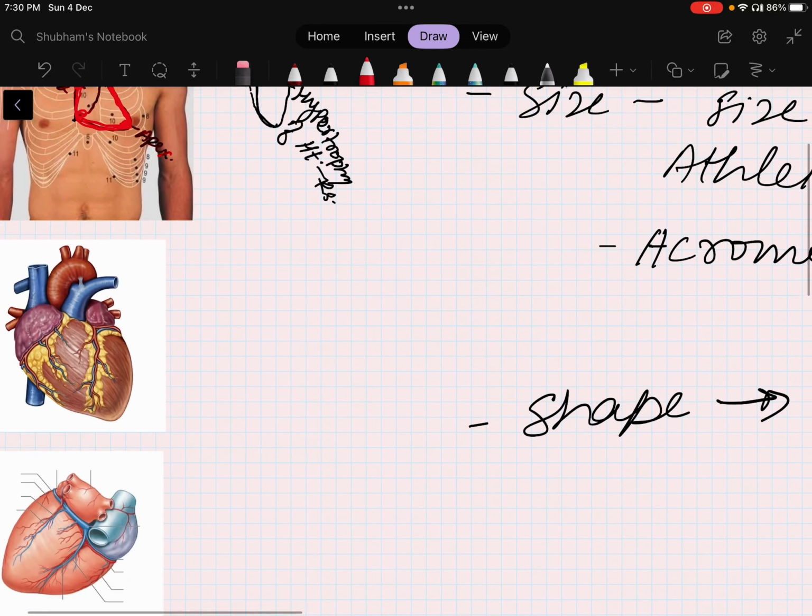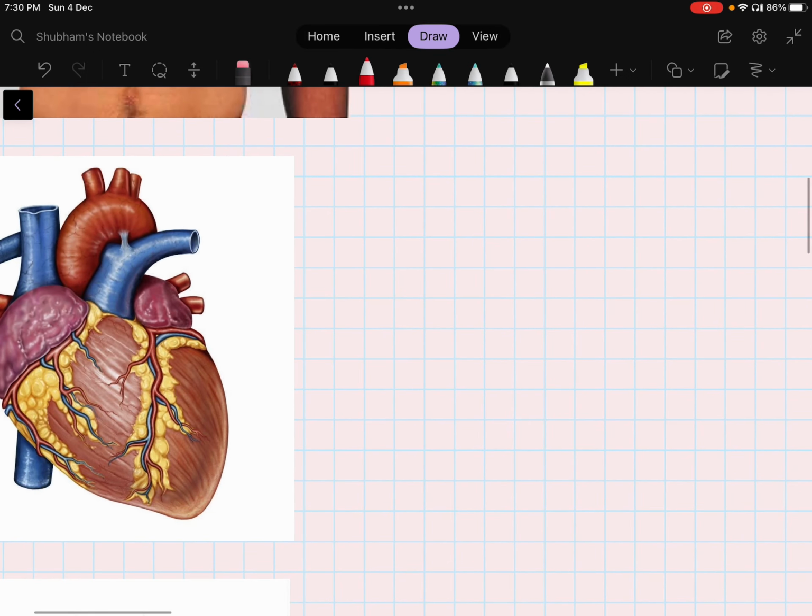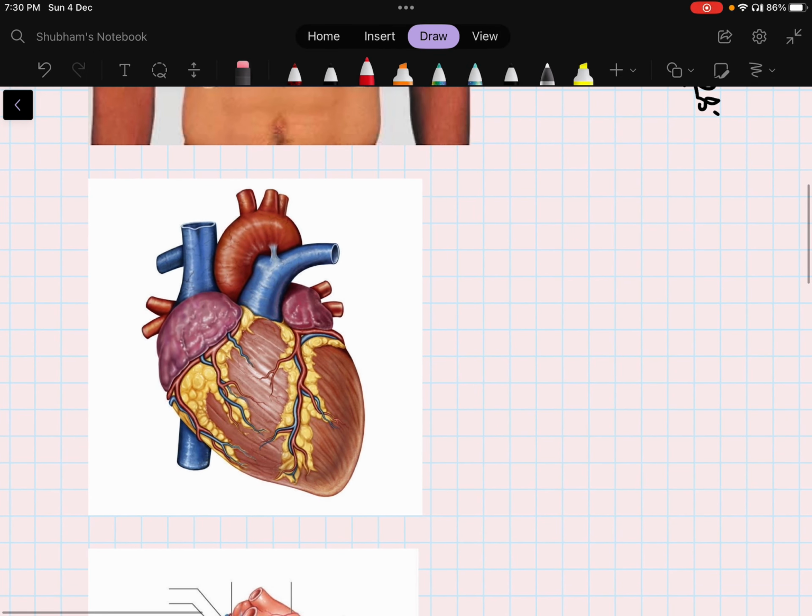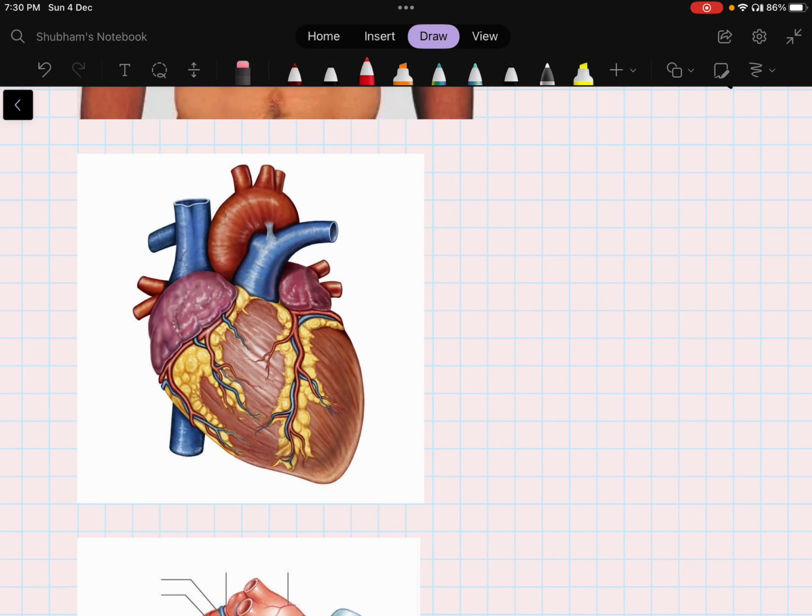Okay, so how does a heart look? This is the basic anatomy of a heart. This is the apex of the heart. This is the base of the heart, and it's positioned like a pyramid. This is the anatomical position.